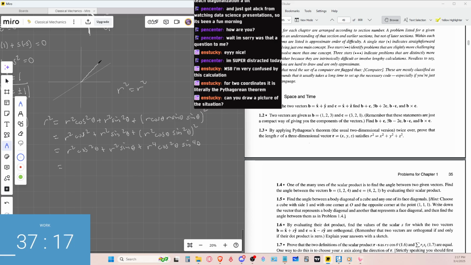Let's say we draw a vector right here, and we'll call this R. That looks pretty nice.